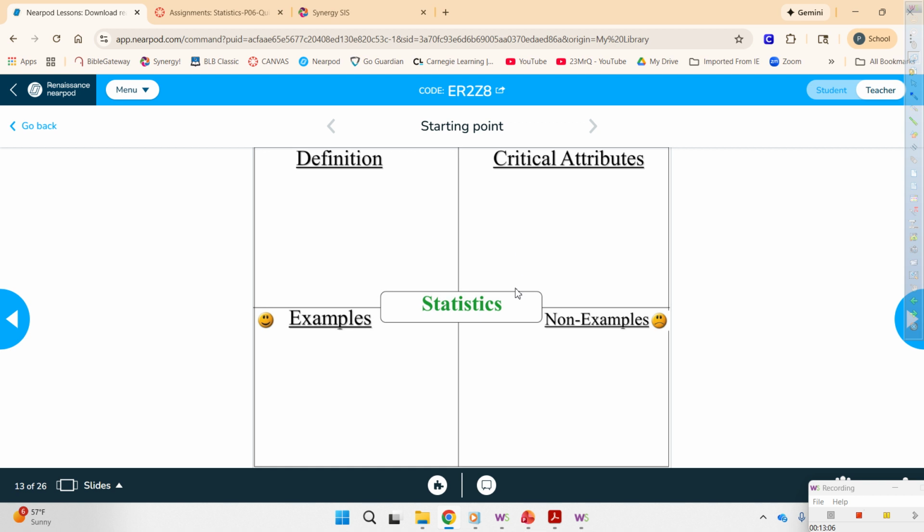Think about it. What are statistics? Tell your neighbor, in your own words, what statistics are, and write a quick definition.